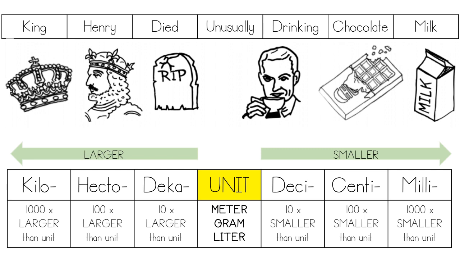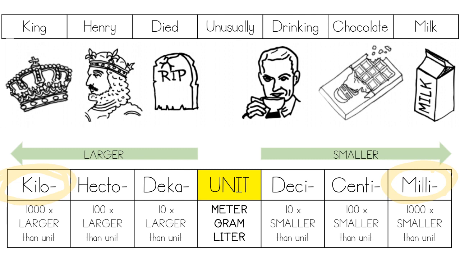Now here I have our prefixes lined up from the largest unit to the smallest prefix unit. So kilo is a lot larger than the prefix unit of milli.